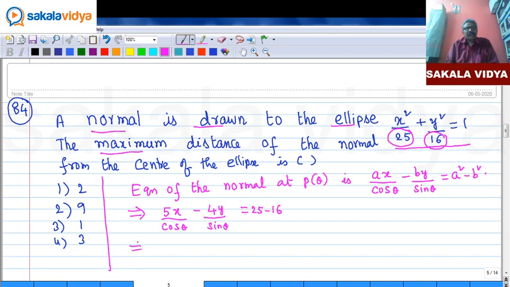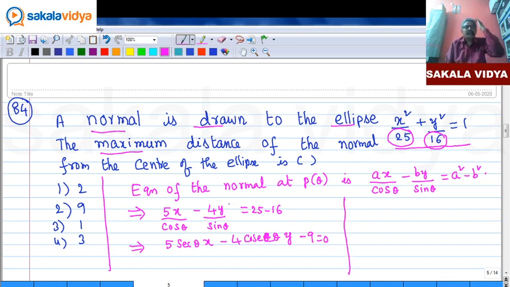So this equation can be rewritten as 5 sec theta x minus 4 cosec theta y minus 9 is equal to 0.